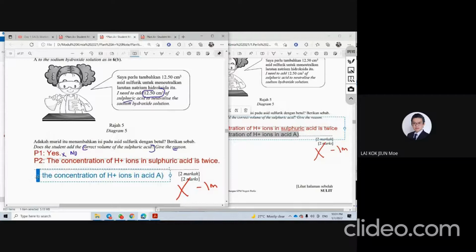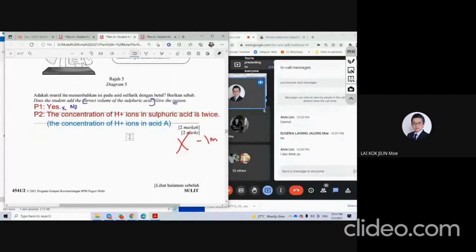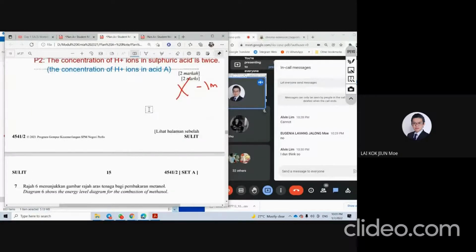This one must have. So you cannot just explain like this. Your explanation is not complete. The concentration of the hydrogen ion in sulfuric acid is twice the concentration of the hydrogen ion in acid A. Do the comparison. See, very important.